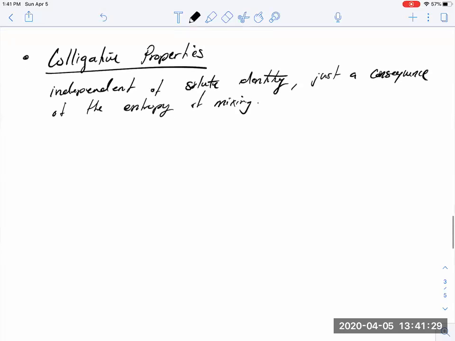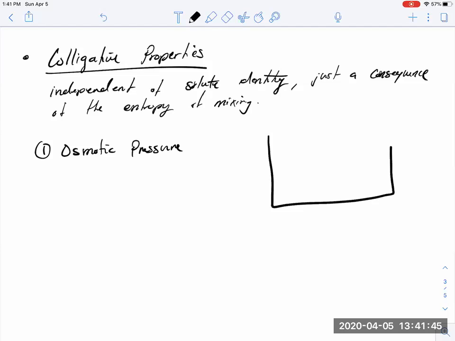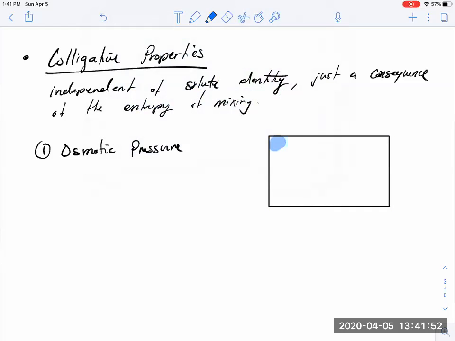There's a number of these properties, and let's go through a couple of them. The first is the so-called osmotic pressure. The setup for thinking about osmotic pressure envisions a solution. Let's imagine it's some aqueous solution. We'll identify it with this blue color here.